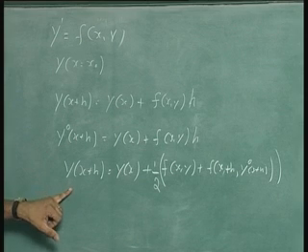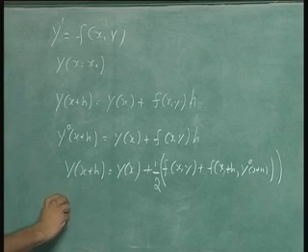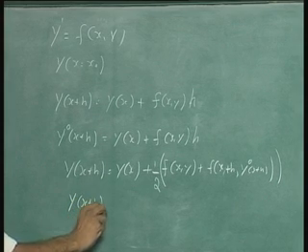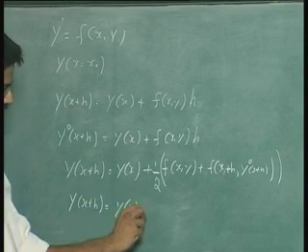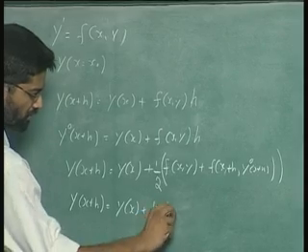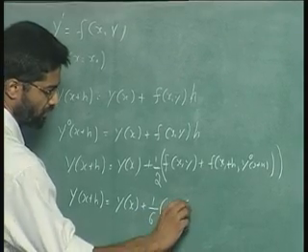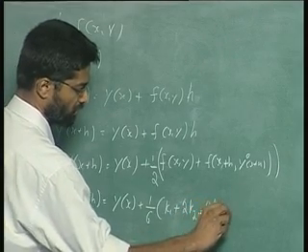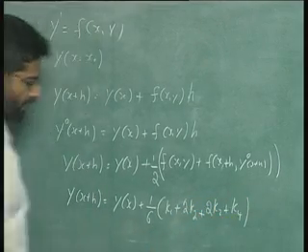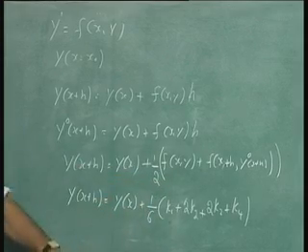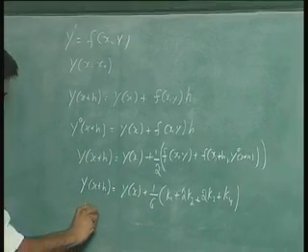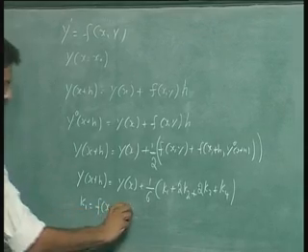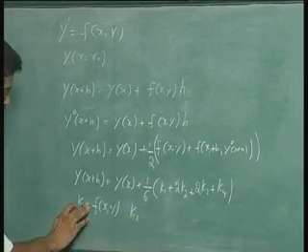And in the scheme where we looked at the fourth order Runge Kutta, we wrote y at x plus h as y at x plus 1 by 6 times k1 plus 2k2 plus 2k3 plus k4.